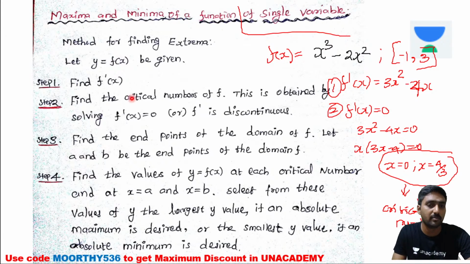Then we identify the maxima and minima. In step 2 we identified the critical numbers. Step 3, now the end points of the domain of f, let a and b be the end points, so we need to take the end points from the given limit.